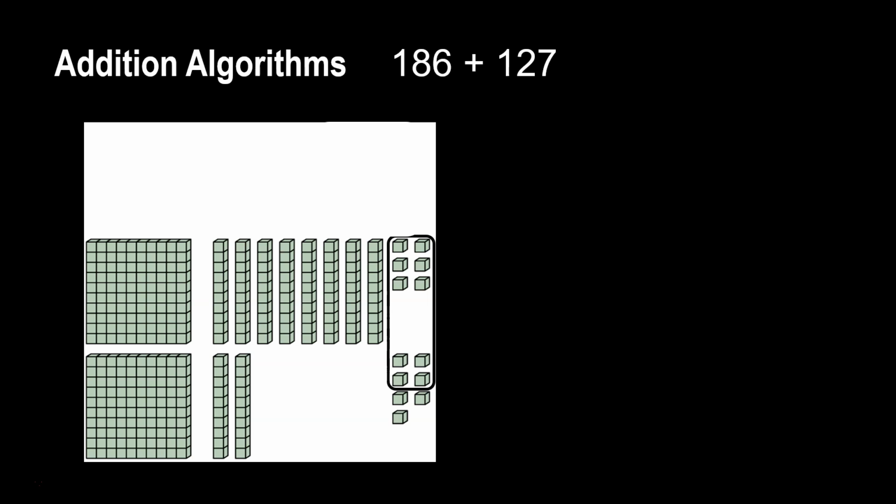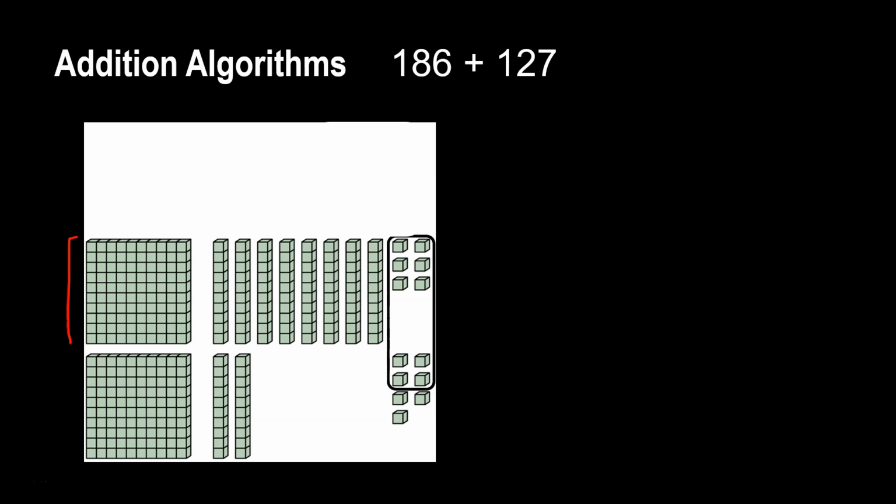Here we're looking at an addition problem, 186 plus 127, and it's being modeled using base 10 blocks. To model our addition, we're grouping like figures. When we add the two numbers together, we look for things that we can group together and combine to make fewer pieces.